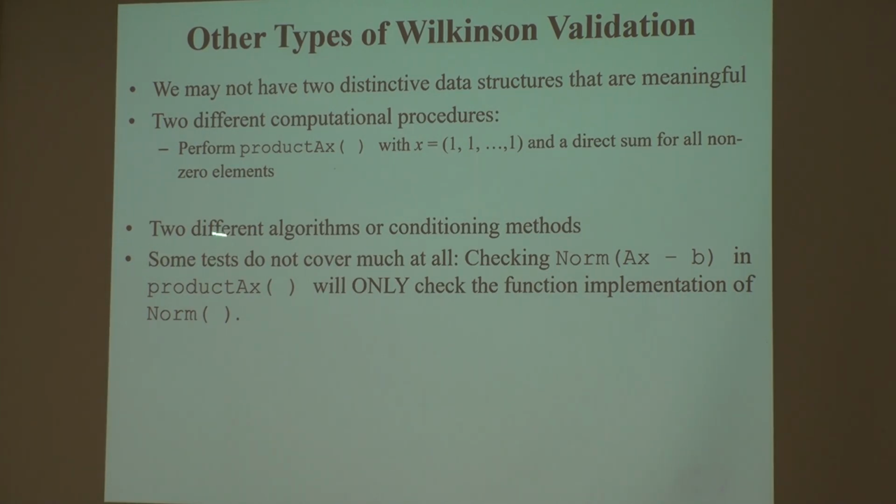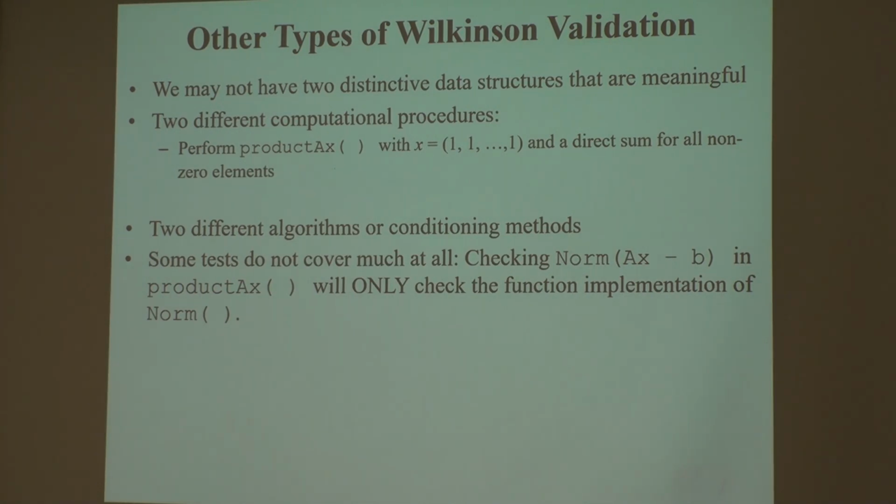There are examples where Wilkinson principles are used to check two different algorithms or two different conditioning methods. Sometimes you want to check whether your quad precision is done correctly, and simultaneously whether a specific answer is wrong because of the conditioning of the matrix.